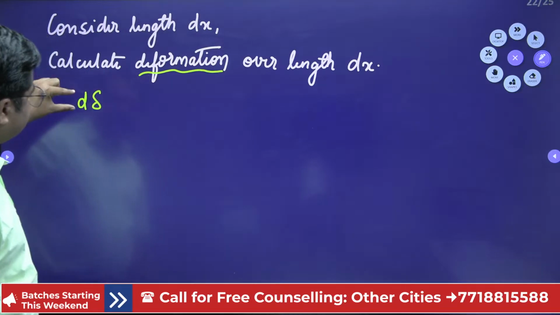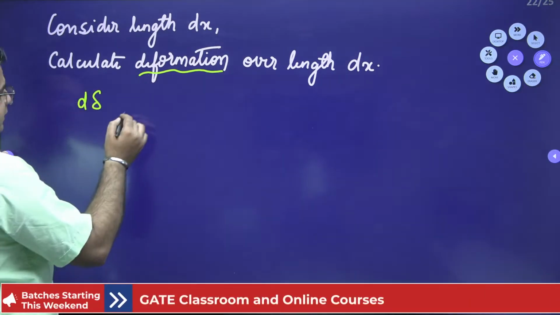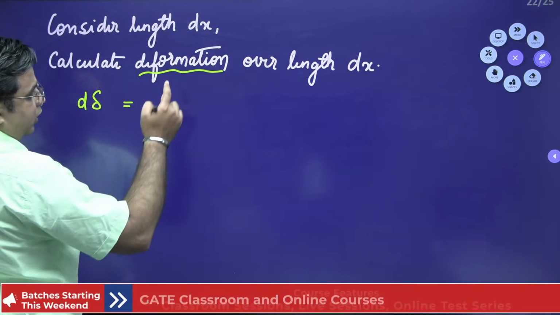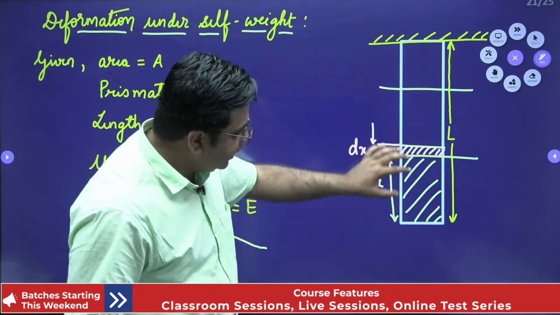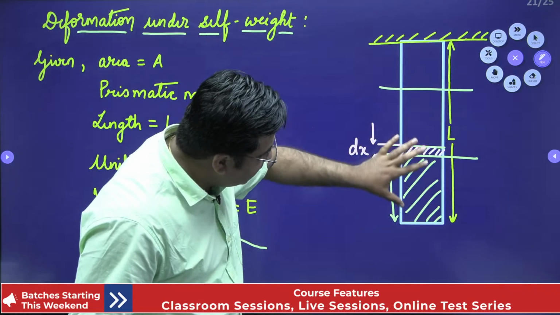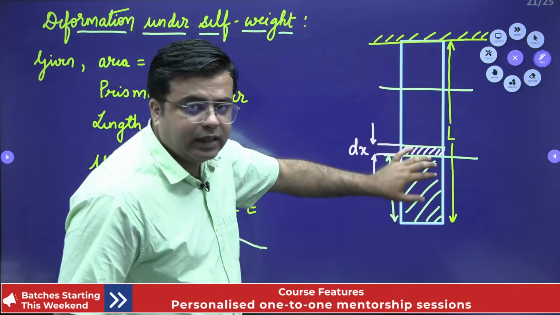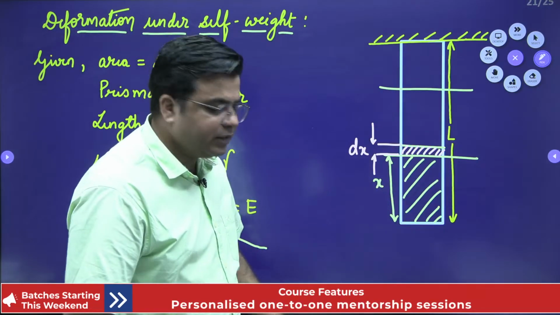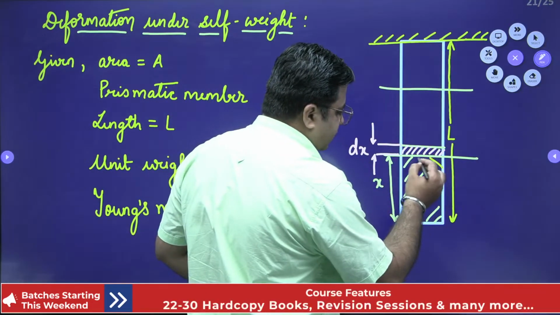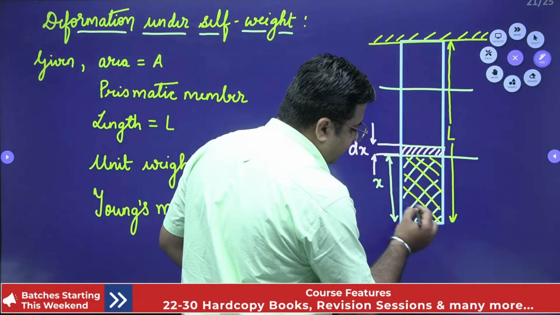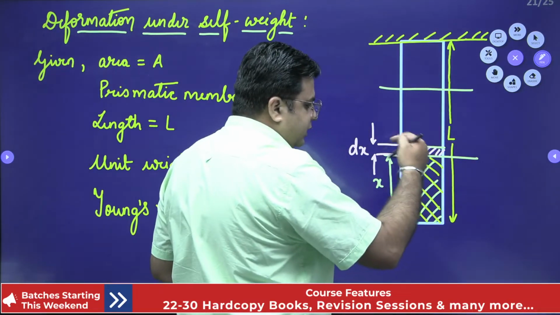So for this length dx, this is the load which is acting and causing the deformation. The weight of this length will be the load acting over this length dx.